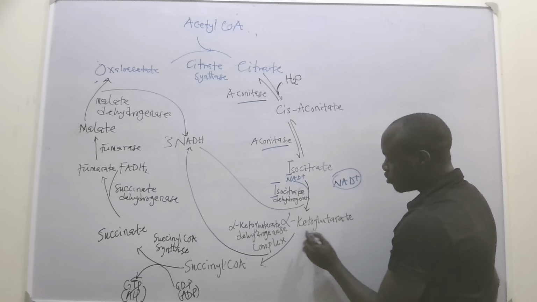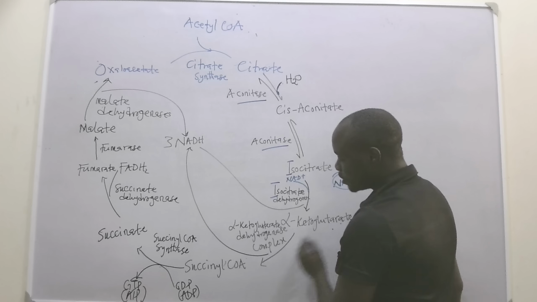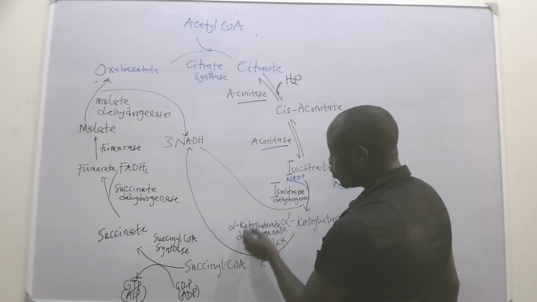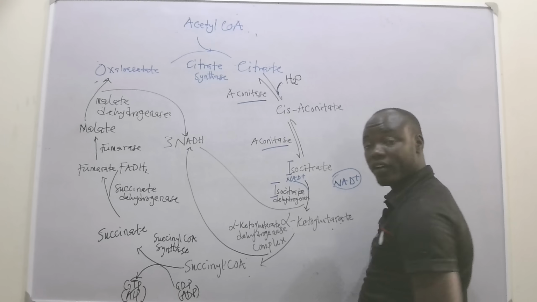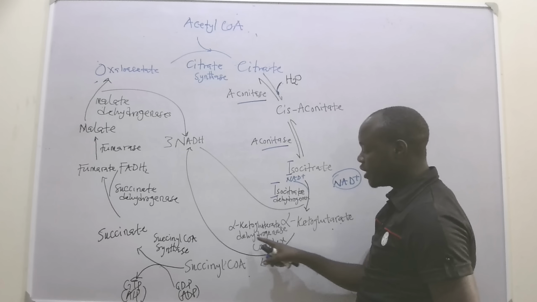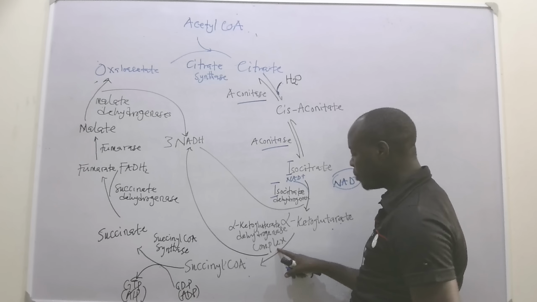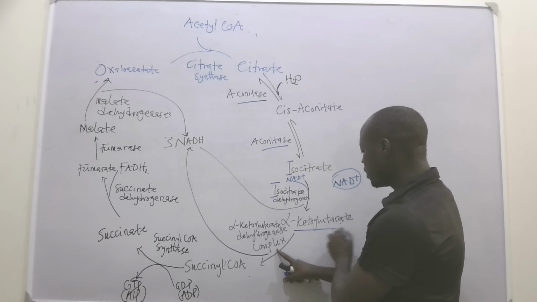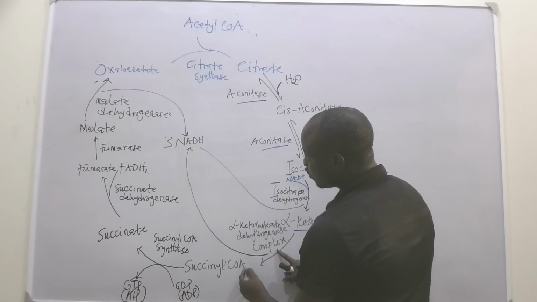And then the next one is the conversion of alpha-ketoglutarate to succinyl-CoA. The alpha-ketoglutarate dehydrogenase enzyme complex converts alpha-ketoglutarate to succinyl-CoA.